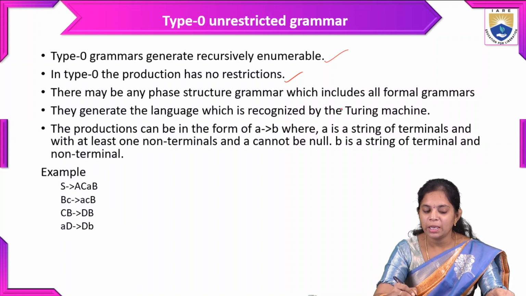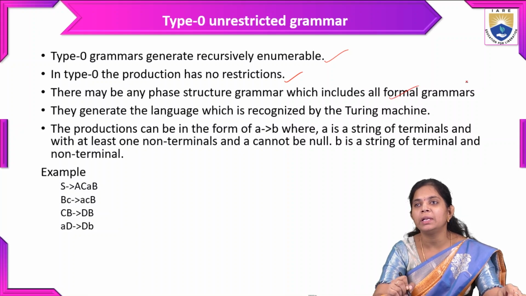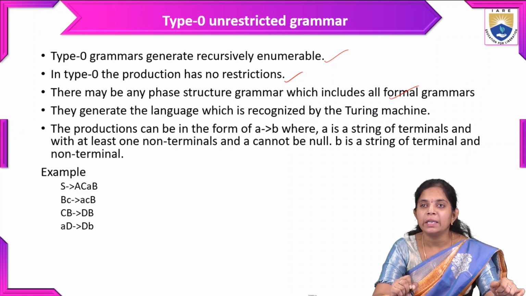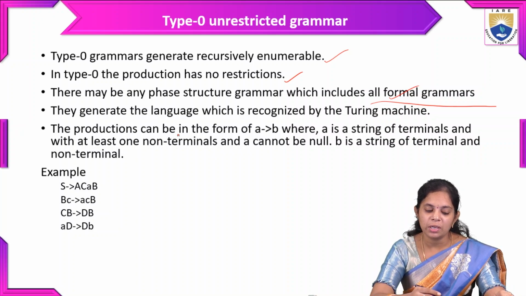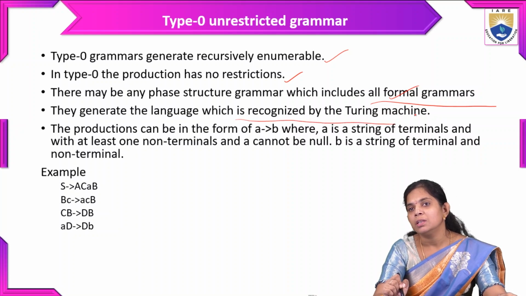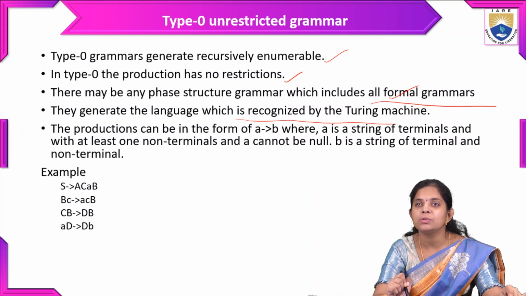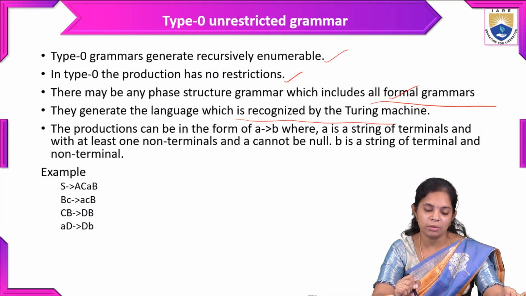And it may be any phase structure grammar, which includes all formal grammars. Any phase structure grammar which includes all formal grammars we can represent in this single grammar. So they generate the language which is recognized by the Turing machine. So this unrestricted grammar is used to recognize by the Turing machine.